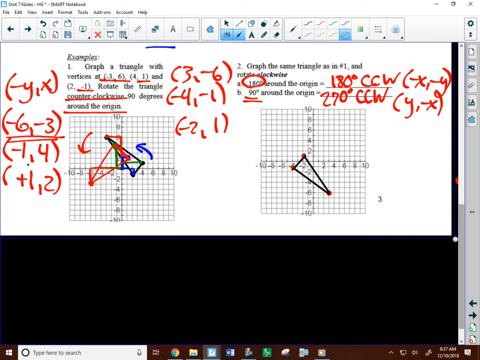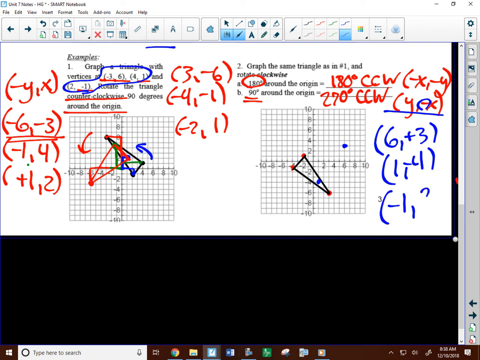Let's see, so y, negative x. I'm going back to these points. So if I'm doing y, negative x, I interchange 6, negative 3. But I change this one's sign, so it becomes 6, 3. 4, 1, I interchange and change the second sign, 1, negative 4. 2, negative 1, I interchange and change the sign of the second one, 1, 2.